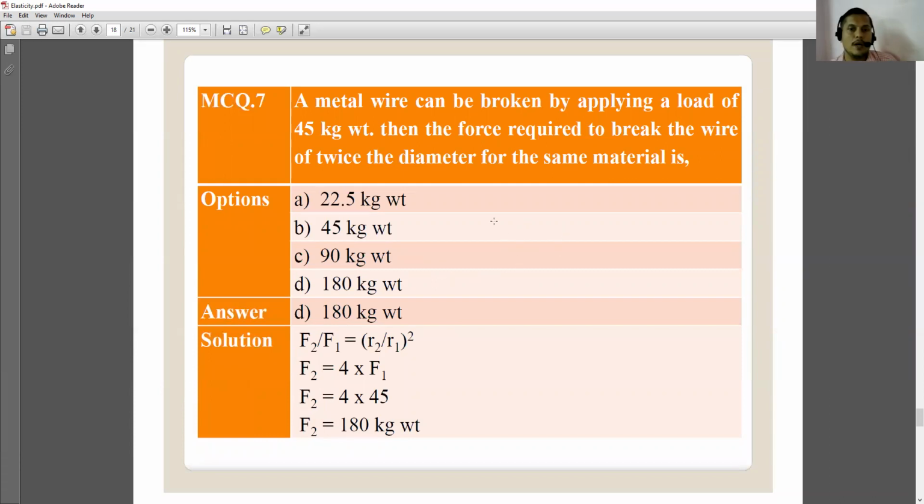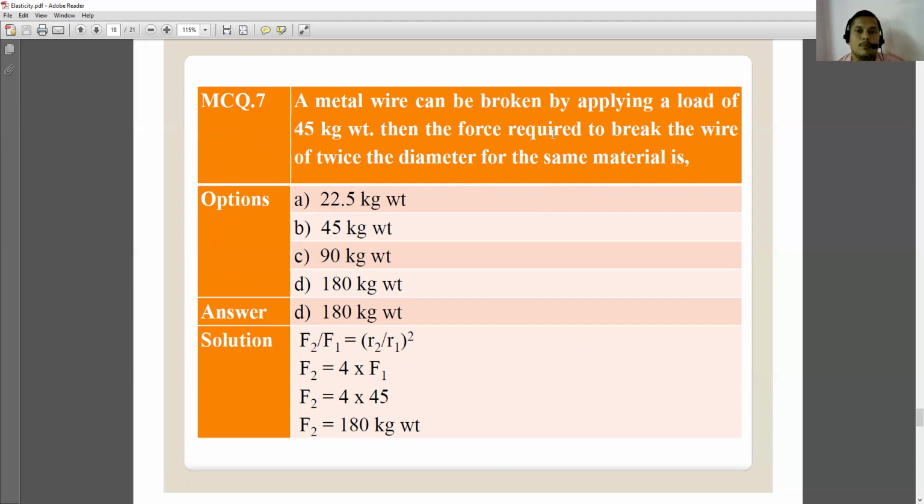A metal wire can be broken by applying a load of 45 kg weight. Then the force required to break the wire of twice the diameter for the same material is dash dash. So here, what is the question?